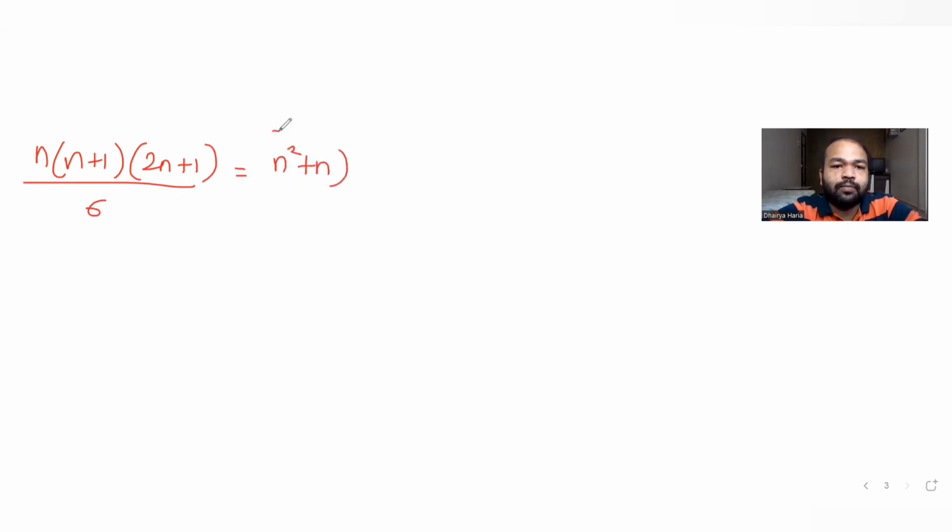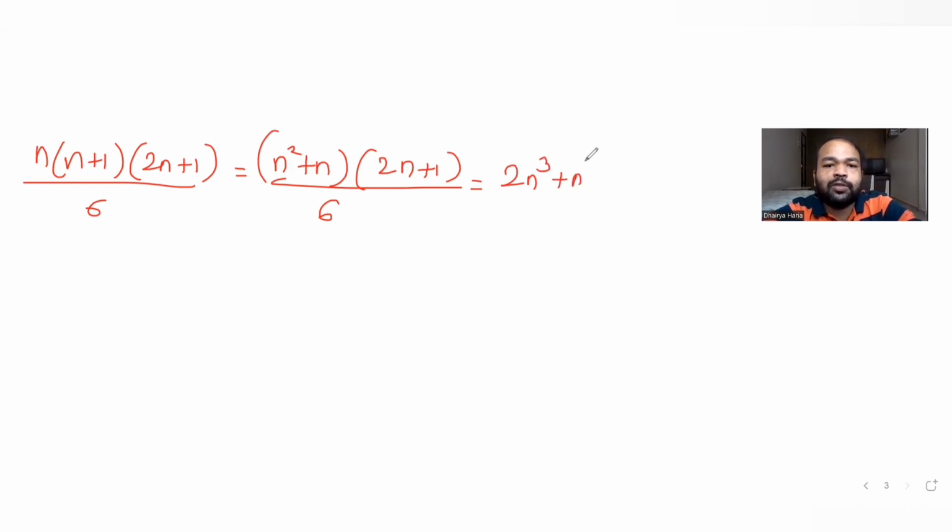Now if I solve this expansion, on the other page, I get n into n plus 1 upon 6. Solving this, you get n square plus n, and you get 2n plus 1 upon 6. This becomes 2n cube plus n square plus 2n square plus n upon 6.